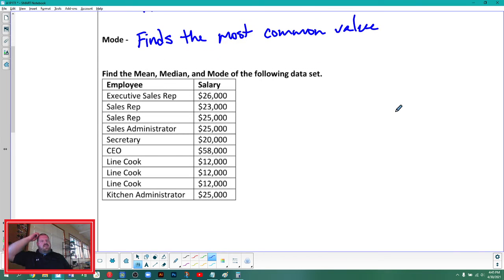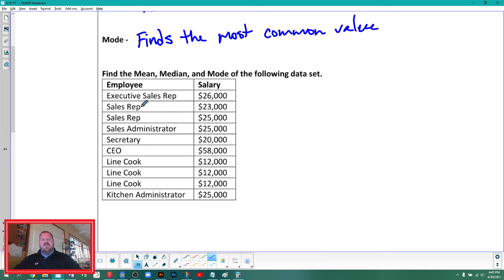So looking at this data set kind of brings us to see some different ideas of these different averages. I want to find the mean, the median, and the mode of this data set with salary amounts of different workers.